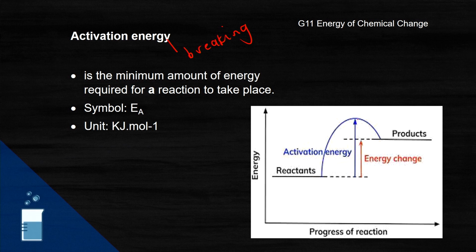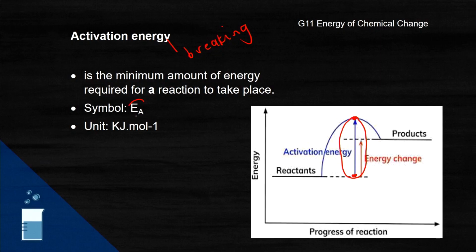On the graph here, you can see that the blue arrow is indicating from the reactants right to the very top of that curve, and that is the activation energy. It is the minimum amount of energy required to make a reaction happen. If not enough energy is absorbed, nothing's going to happen. Its symbol is EA with a little a, and because we are talking about energy, its units is in kilojoules per mole.